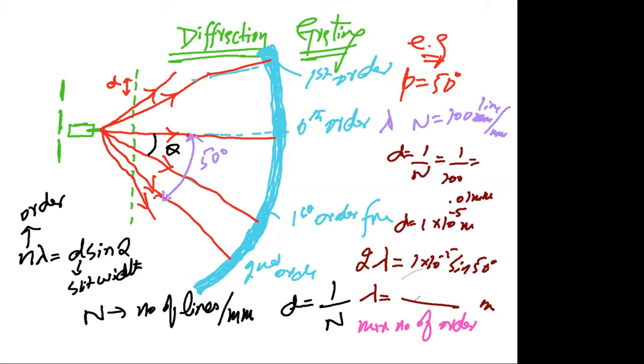For example, let's say this is 25 meters. So then n will be equal to sine 90 times 1 times 10 to the power of minus 5 divided by 25.